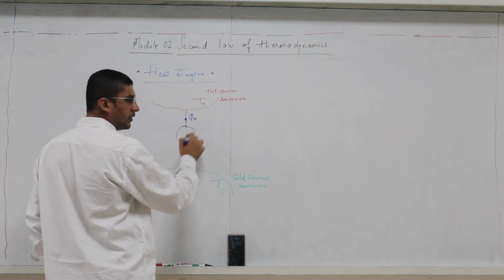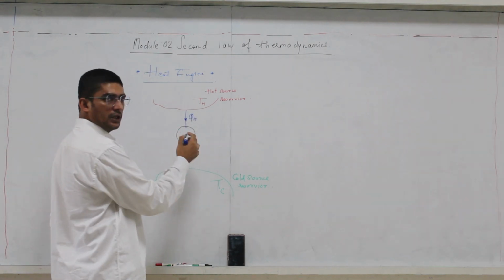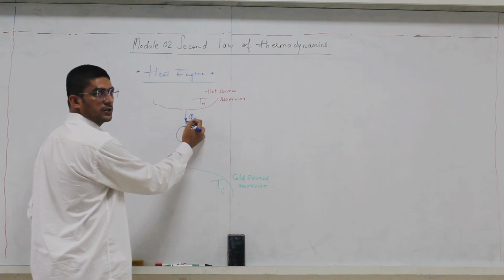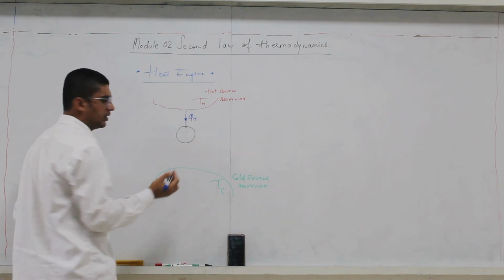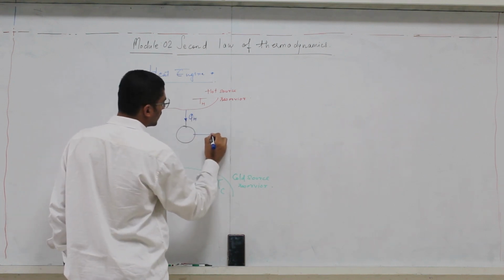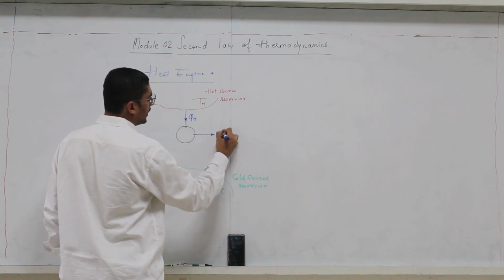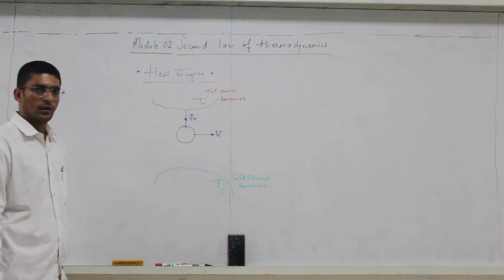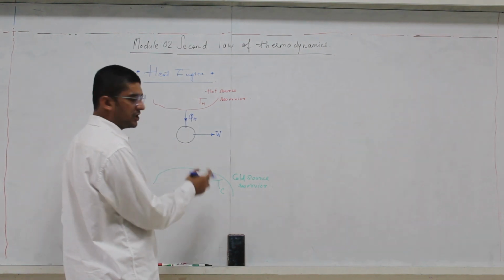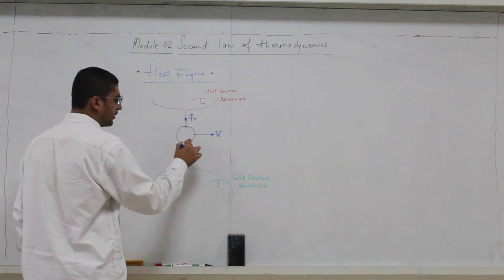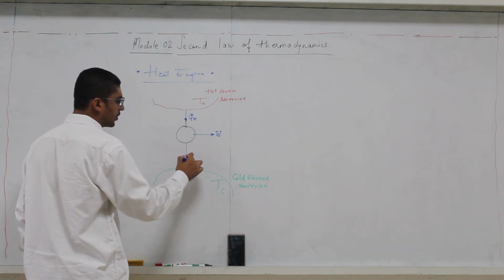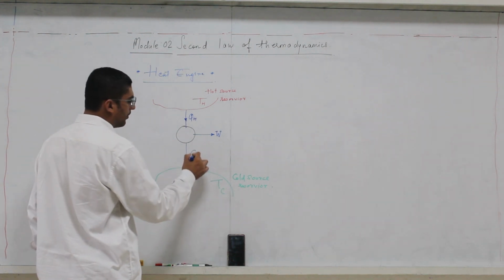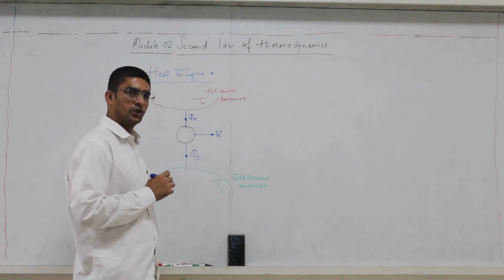With absorption of this heat, this machine converts some amount of it into mechanical work, indicated by W. The rest of the heat energy is rejected directly to the cold source reservoir, and the amount of heat rejected we call QC.